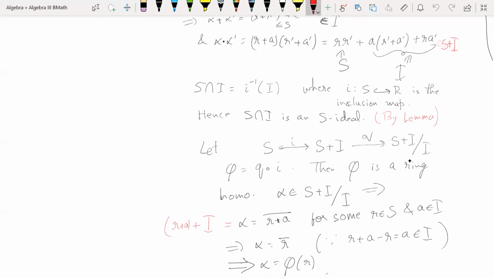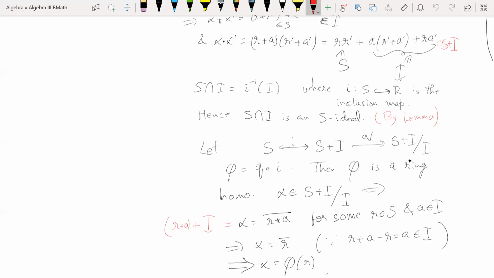What do you do? You think of r as an element of S. The inclusion tells you r is an element of S plus I, and then you apply Q, then you get alpha. So this is precisely what we are doing: first applying the inclusion and then applying Q to get r bar.